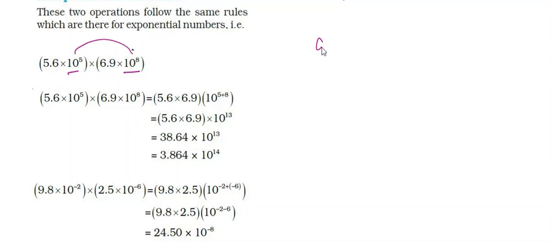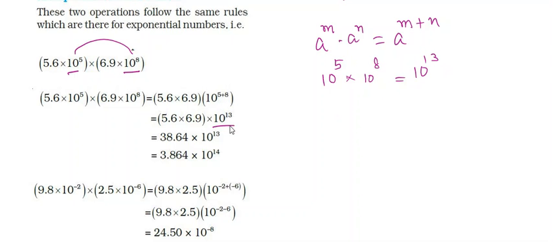From basic algebra, a power m into a power n is equal to a power m plus n. Therefore, 10 power 5 into 10 power 8 is equal to 10 power 13, and ultimately you can multiply the rest.